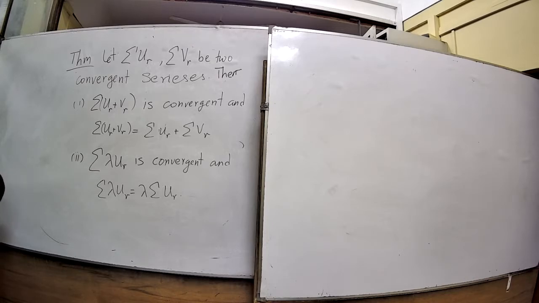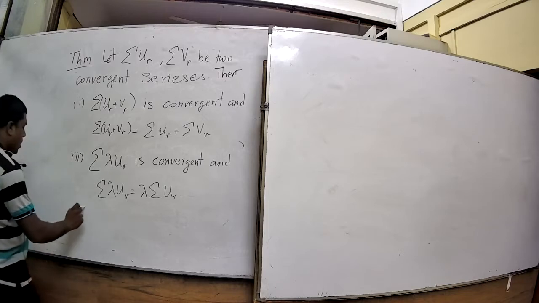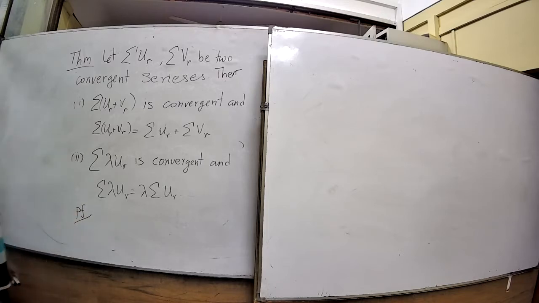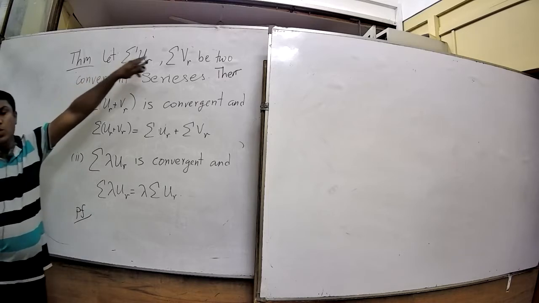So we shall prove this. It's not a big thing. If you want to talk about convergence of series, then the first thing you have to do is start constructing partial sums, right? That is the first important thing. So in order to prove this, first let me define the partial sums of these two series.